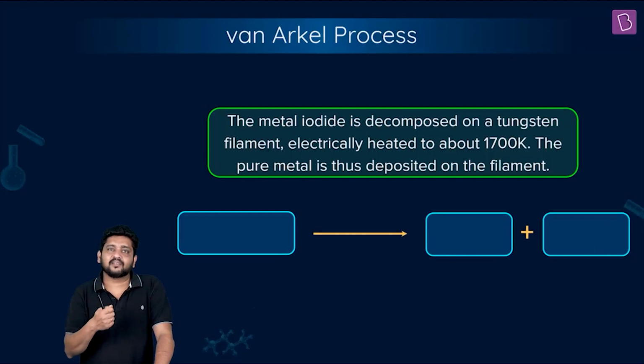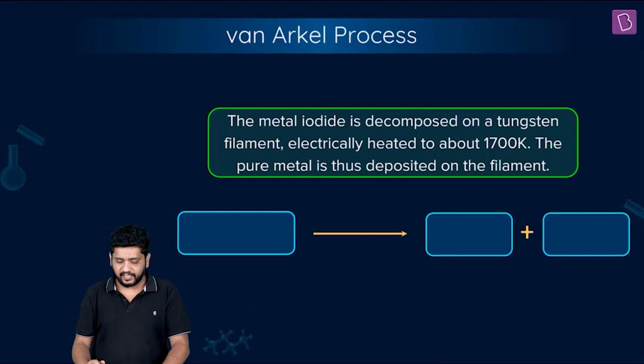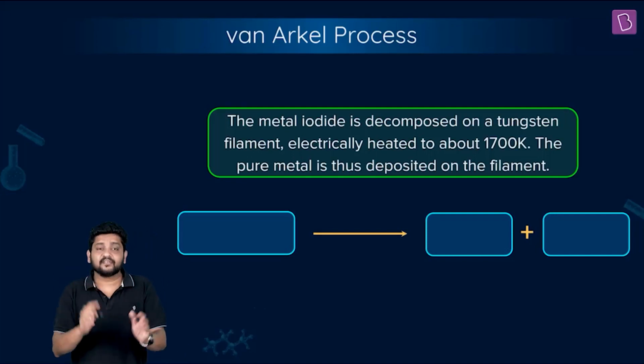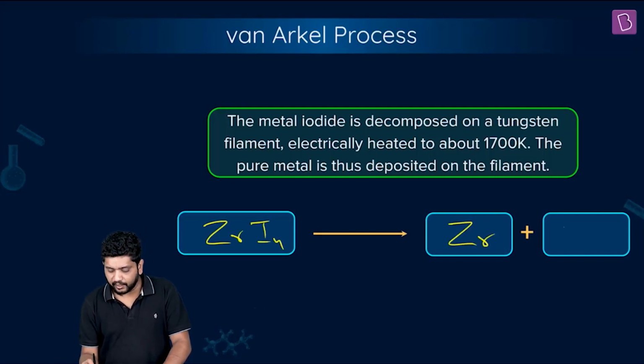You use a tungsten filament, passage of electricity can cause very high temperatures, right? Tungsten is one of the highest melting point metals, right? So we take it to around 1700 degrees, a tungsten filament, and on top of that this zirconium will be deposited because of breaking down of this zirconium iodide, right? So ZrI4 breaks down into zirconium plus 2I2 once again, right? So what are we doing?